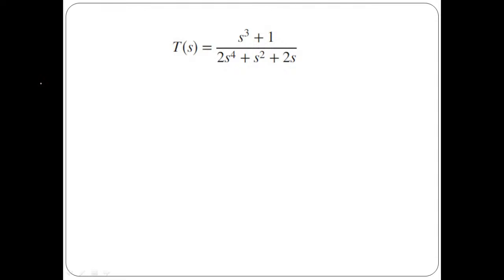Let us check how many of you got the same answer. The transfer function T of s is s cube plus 1 whole divided by 2s to the power 4 plus s square plus 2s. So this will be your final answer, the transfer function for the previous case.